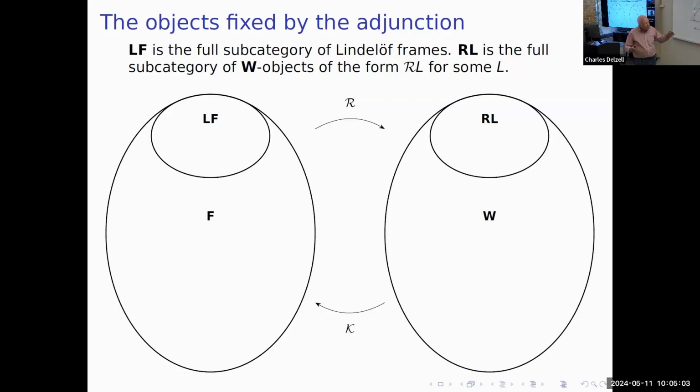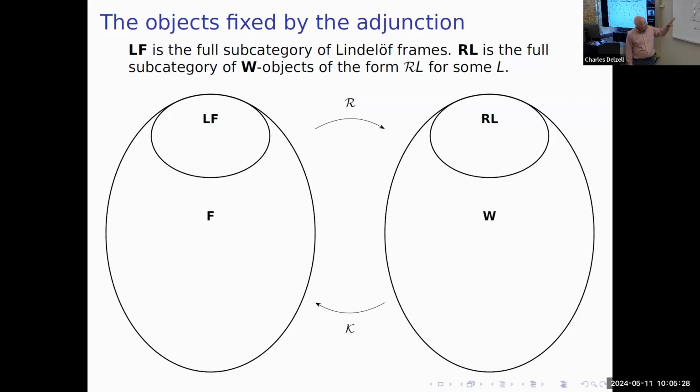Well, you've got a much bigger W object, which is of the form R of L. And the category of such things then becomes reflective in W. And the reflecting arrow is just the arrow from G into R of K of G. I'll have a lot to say about that because these are very interesting objects and that has been the subject of a good deal of research.